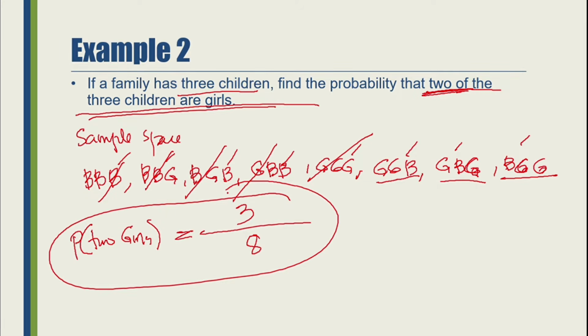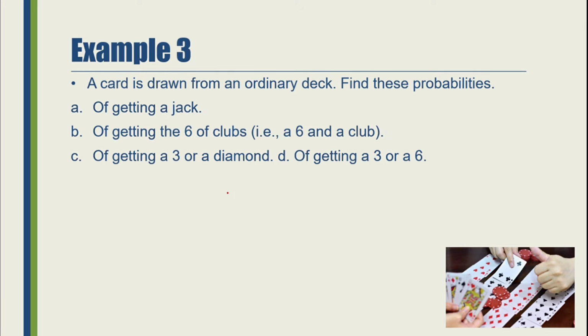Okay, let's have example number 3. A card is drawn from an ordinary deck. Find the probability of getting a jack. So how many jacks are in a deck of cards?